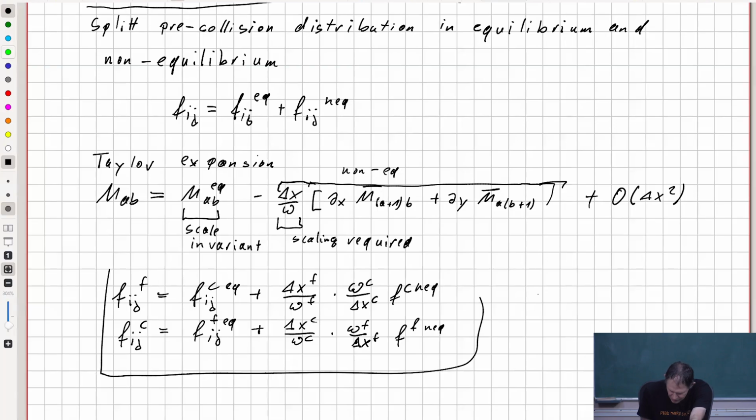So this is how they can be translated. All of them come here in pre-collision form.